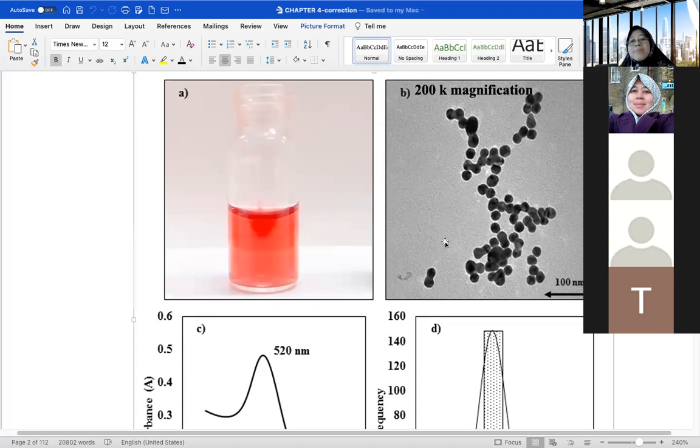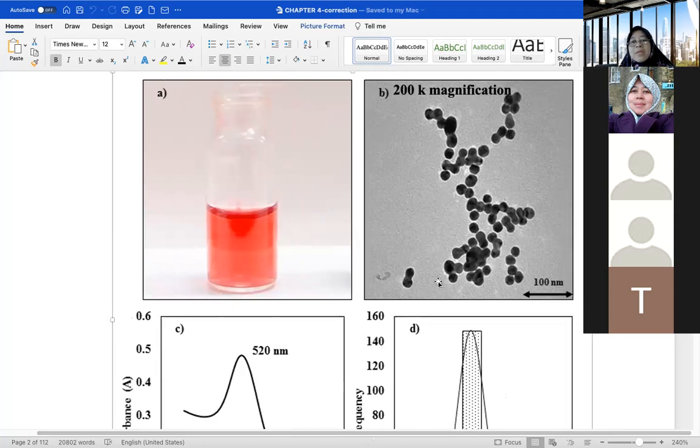You can see the TEM here. Sometimes we use HR-TEM, sometimes we use TEM, depending on whether you have access to HR-TEM or TEM. When you present HR-TEM or FESEM, the magnification is very important, because that tells people how many times you have magnified the image, and then the scale.